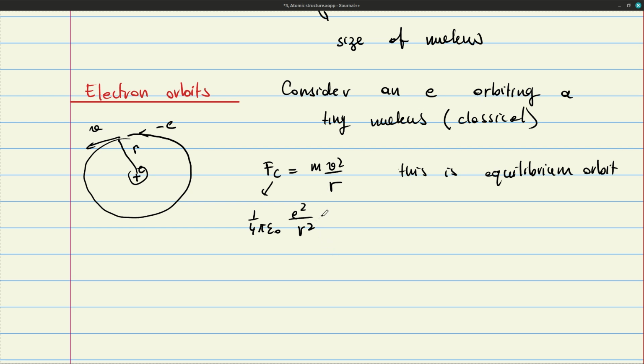Let me cancel that with that, and I'm trying to find v. v is going to be what? e squared over 4 pi epsilon naught mR, right? And I need to take the square root, and if I take the square root of that, I have this.